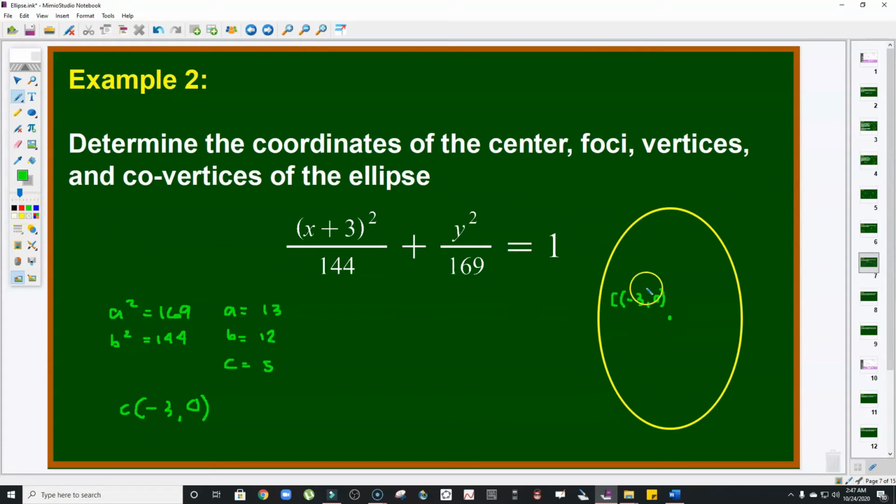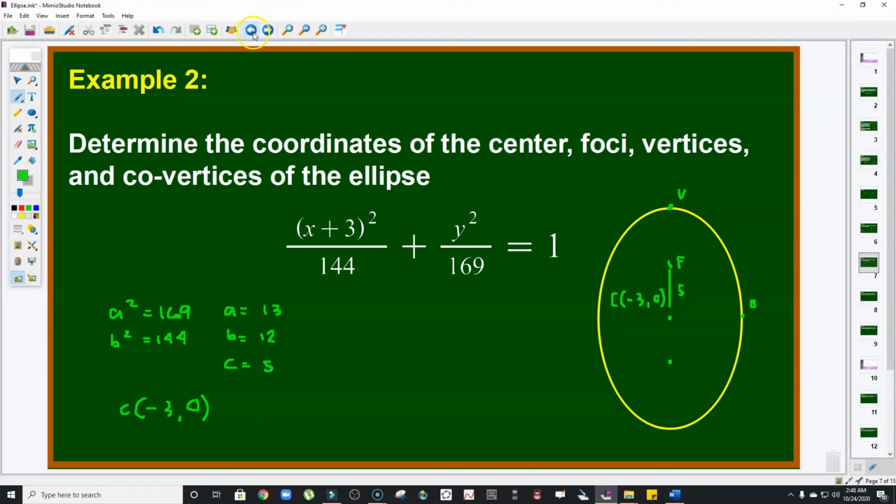Okay. Next. So, take note, vertical major axis. So, meaning my foci are somewhere here. Okay, let's say here. Then, the vertex is here. So, this is the focus. Alright, this is the vertex. Okay, this is the co-vertex. There you go. See that? Now, meaning to say, you will now add 5 units to y, because this is 5 units, right? So, the c.